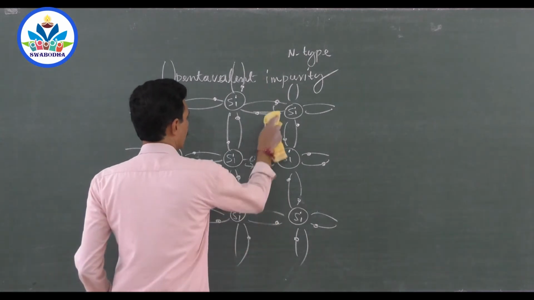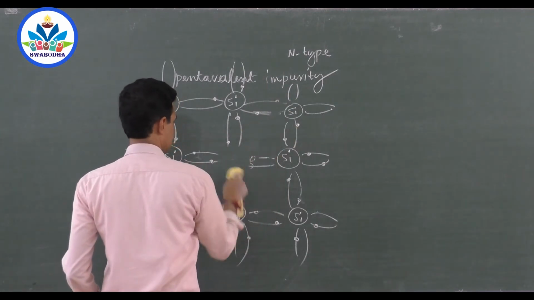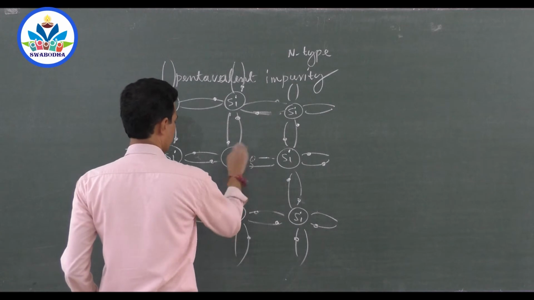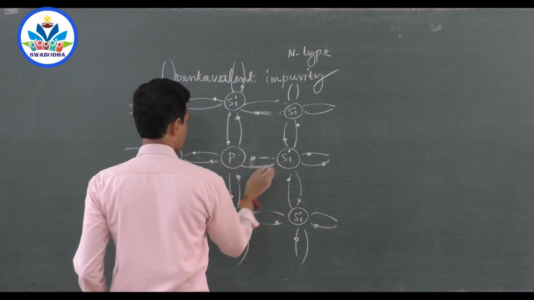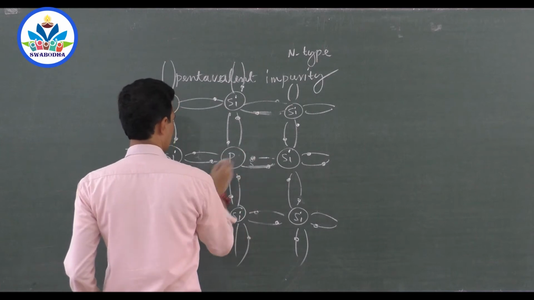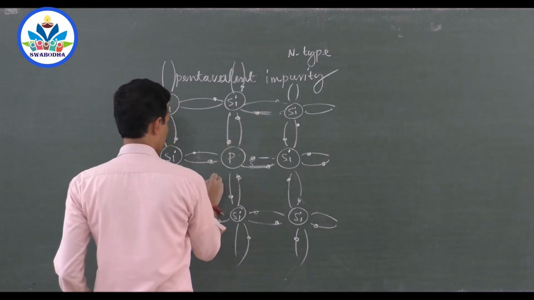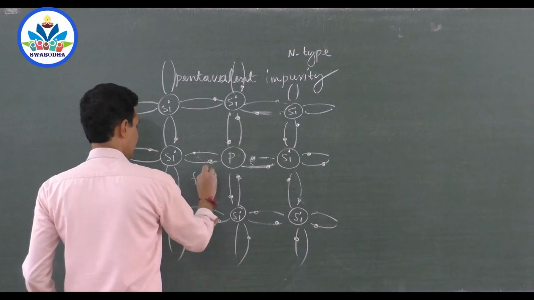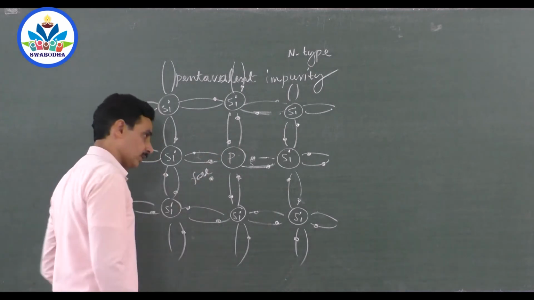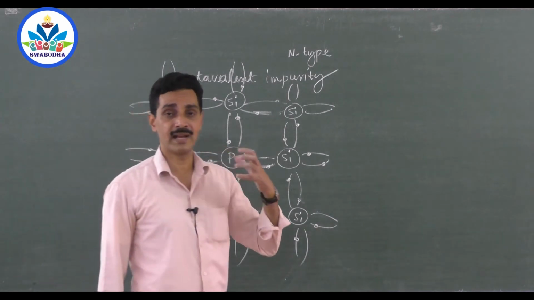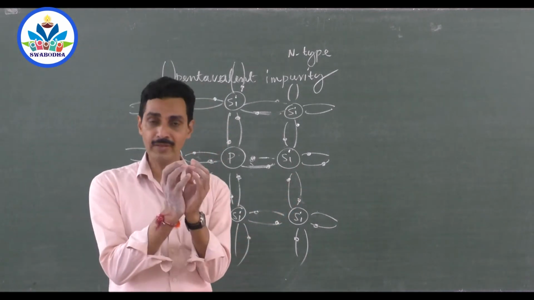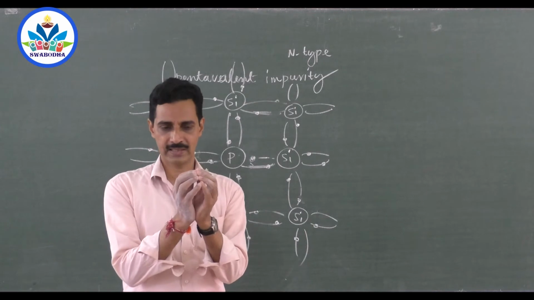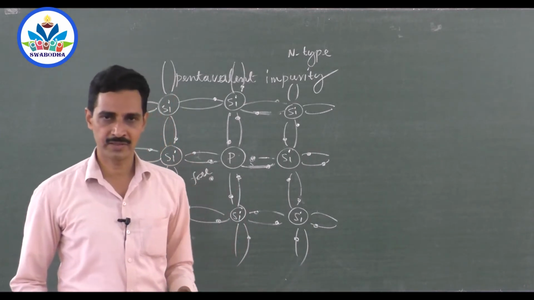So when one silicon atom is replaced by a phosphorus atom, phosphorus has 5 valence electrons, and among them only 4 are needed, so 1 electron becomes free. Remember, this is not an extra electron, because before you dope the phosphorus atom into the silicon, you ask the phosphorus atom, phosphorus, how are you?